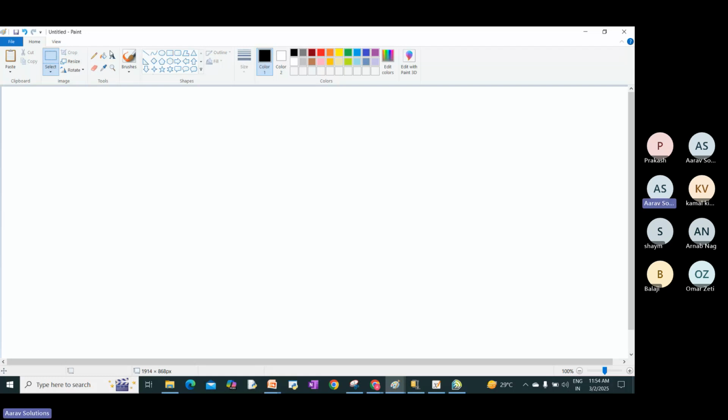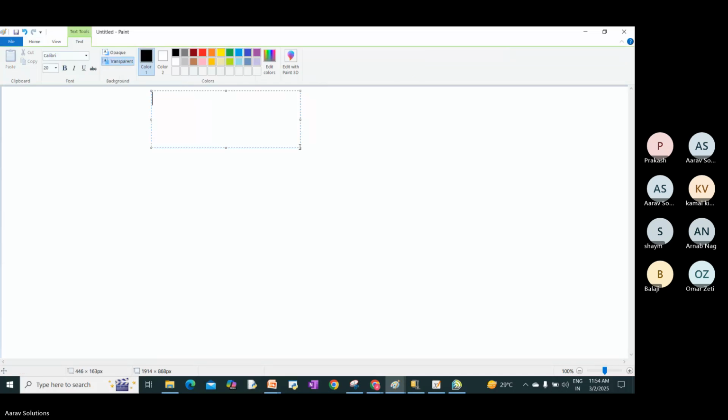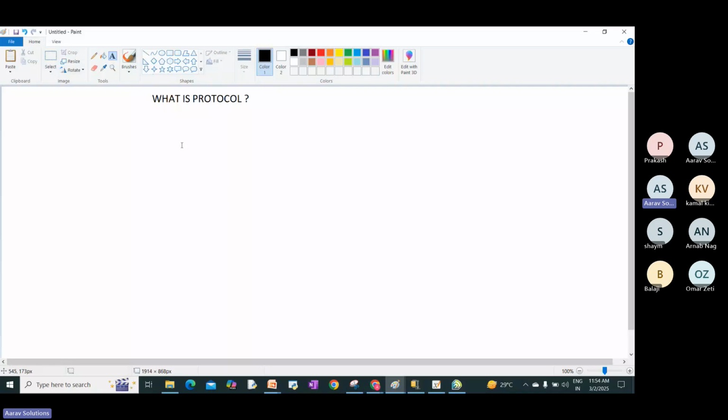Protocol is something from the book language, that is correct, a set of rules.